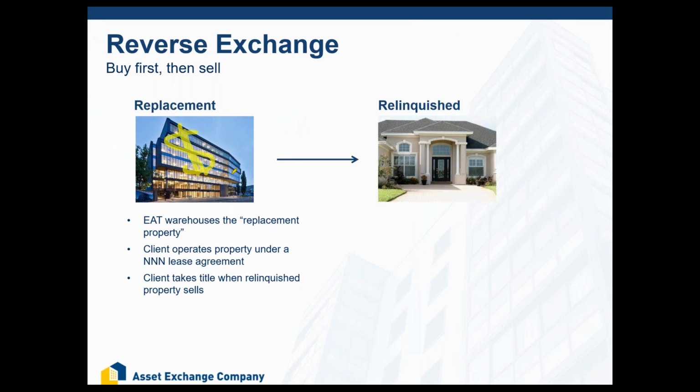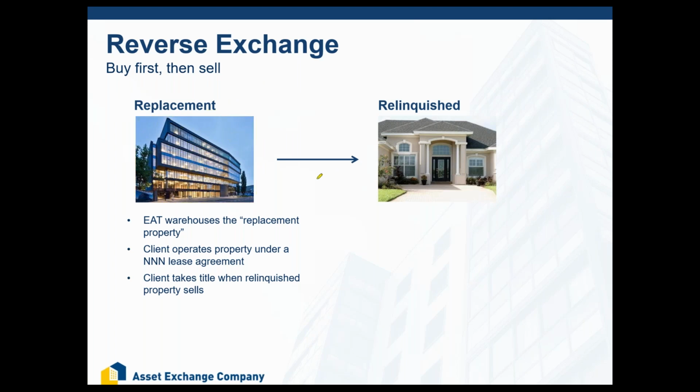And if you need to get a loan to buy this property, it is going to be very difficult because lenders do not like loaning on reverse exchanges. When they loan you money, they want you to take title, not the exchange company. So reverse exchanges are challenging because financing them is very difficult.